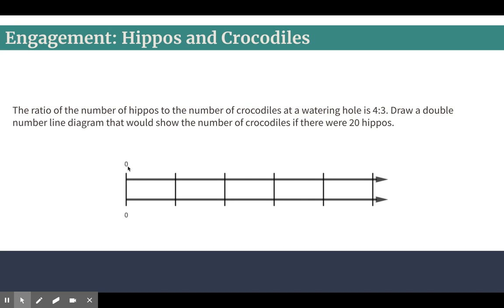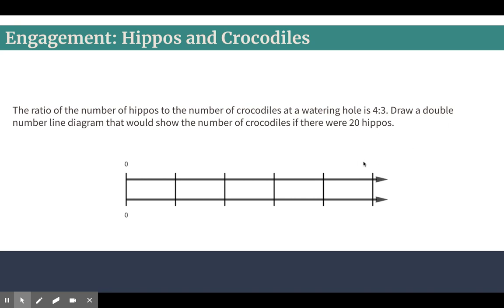So if I have 0 hippos, I'm obviously going to have 0 crocodiles. My next number will be 4 hippos and 3 crocodiles at the bottom. So 4 is going to go at the top and 3 is going to go at the bottom. And I want to be able to fill in this number line all the way until I get to 20 hippos.